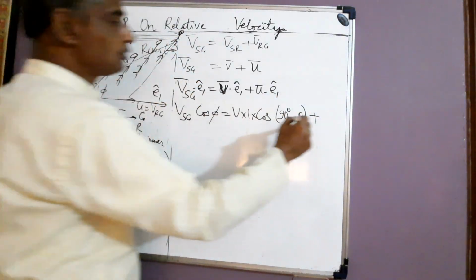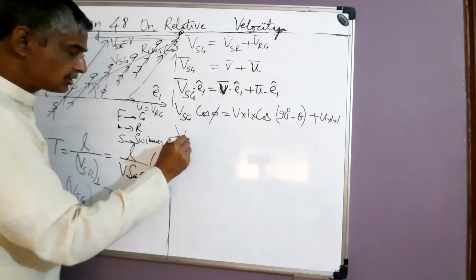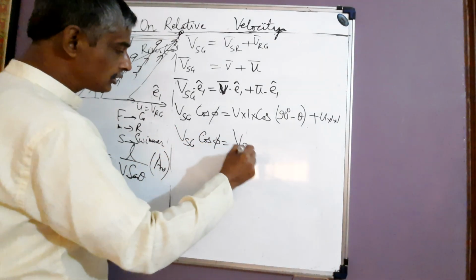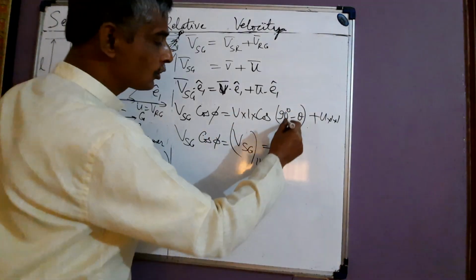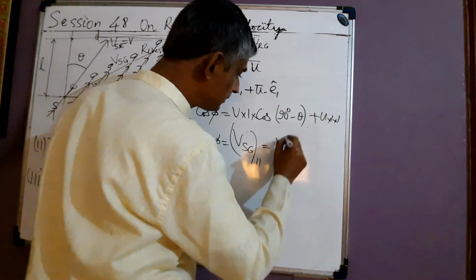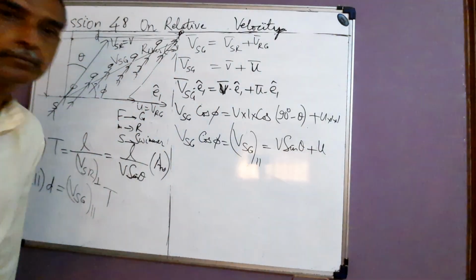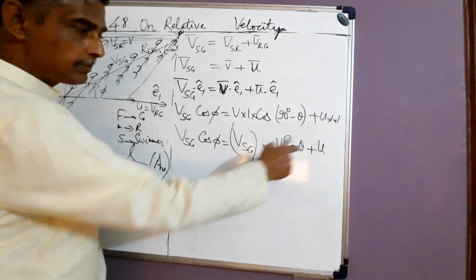U dot E1 becomes U into 1 into cos 0 degrees, that is 1 again. So VSG cos phi, this is the component of VSG along the river flow direction, VSG parallel, which is just equal to V cos of 90 minus theta, which becomes sin theta, V sin theta plus U. So VSG cos phi is this VSG parallel.